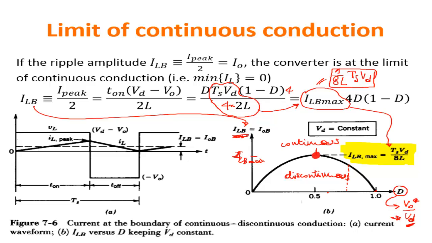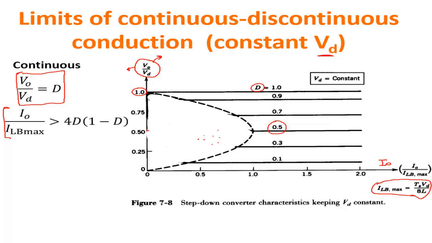So let's look at what happens in discontinuous conduction. This is the same plot as before, but with a slight difference. You see, here we plot the output current as a function of V0 over Vd, for a constant Vd.